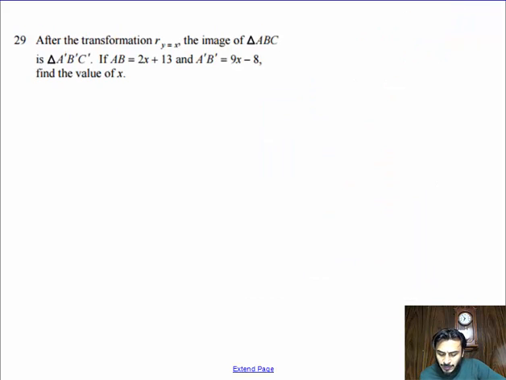All right, number 29. So number 29 says, after the transformation, reflection across the line y equals x, so this is a reflection being performed. The image of triangle ABC is triangle A'B'C'. If AB equals 2x plus 13 and A'B' equals 9x minus 8, find the value of x.